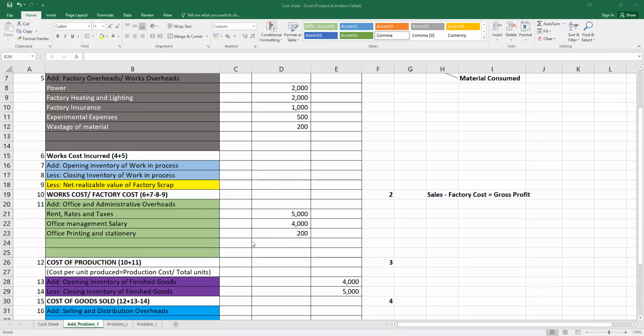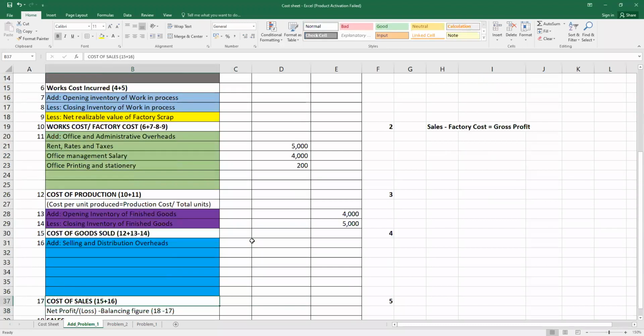Salaries of salesman कहाँ पे जाएगी बताइए. Selling and distribution. करेक्ट, लिख दीजिए. Salaries of the salesman will go to the selling and distribution 2000.